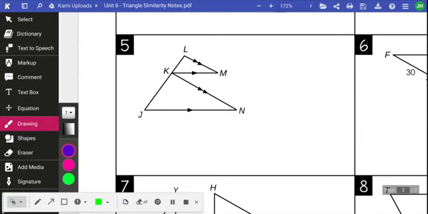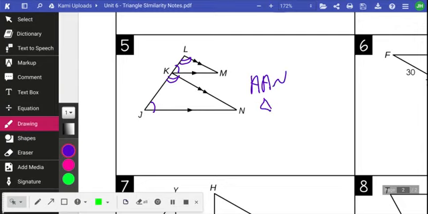Let's do another one. So parallel lines tell us a lot of information. We're able to know that since JN and KM are parallel, these two angles are congruent because they're corresponding. Likewise, since LM and KN are parallel, these two angles are congruent because of corresponding. So by angle-angle similarity, these two triangles are similar.